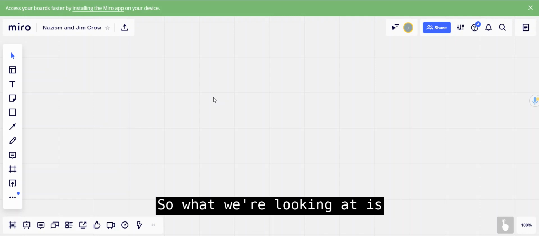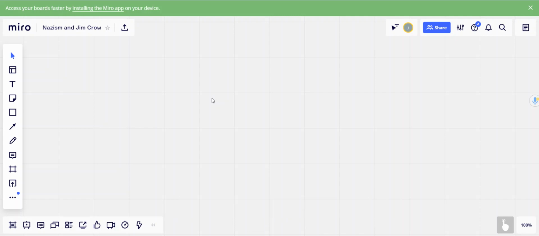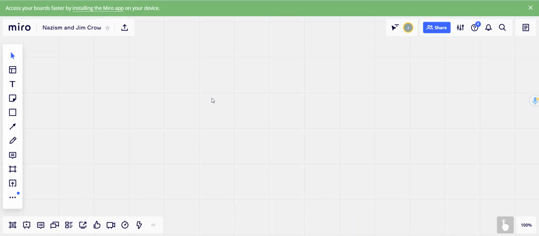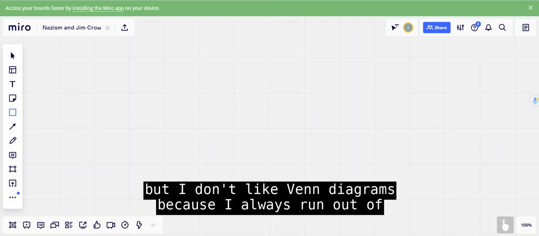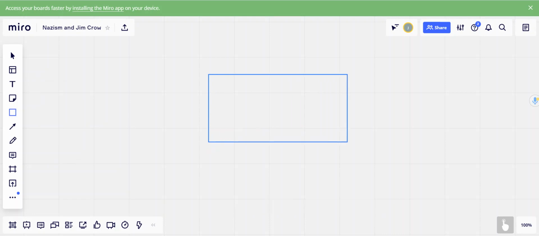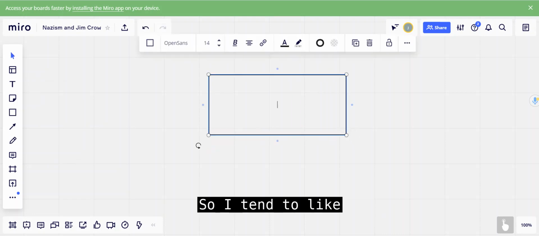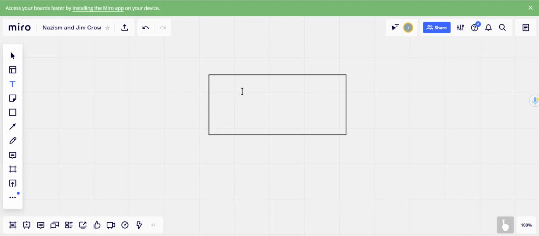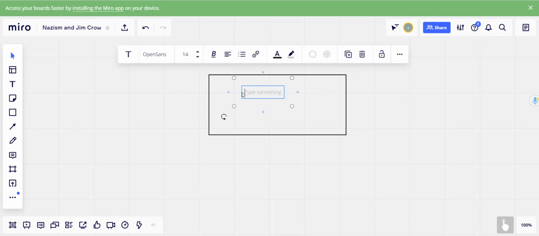So, what we're looking at is the comparisons between Jim Crow and Nazism, right? Now, you could do a Venn diagram, but I don't like Venn diagrams because I always run out of room. So, I tend to like doing a mind map. There are all different ways to do that. This is just the way that I would do it.